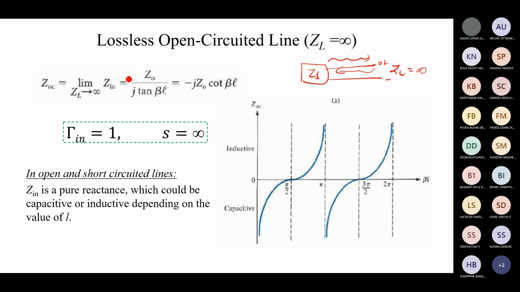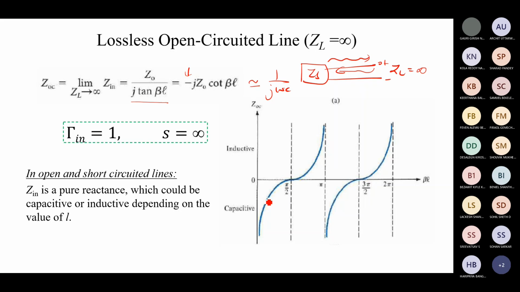So you will get a special equation where the denominator has this reactance part, so you will get a negative sign. I already told you that this is equal to 1 by j omega C, because 1 by j omega C gives a negative term. That is why the capacitive behavior will come. So if you take a transmission line of length L, you will get capacitive behavior.